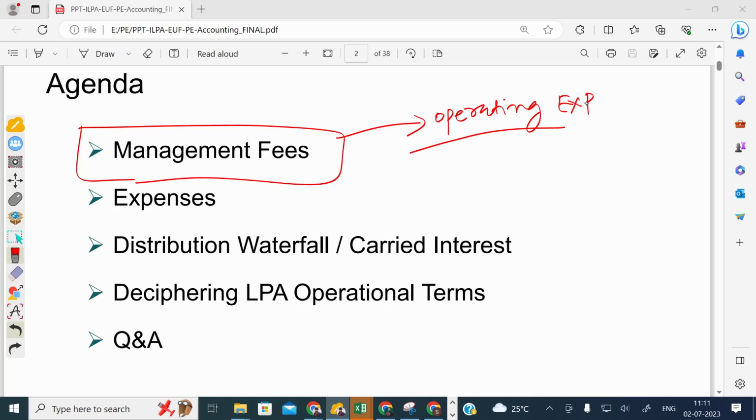For example, let's say you guys are working as fund accountants. If the company doesn't pay the salary to you on time, how will you work as an accountant, right?